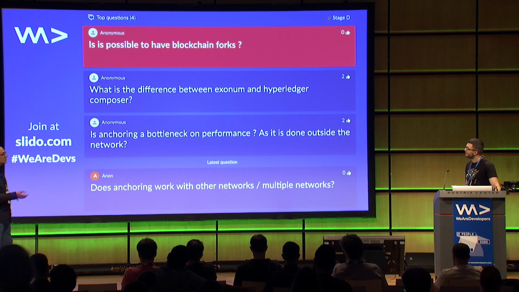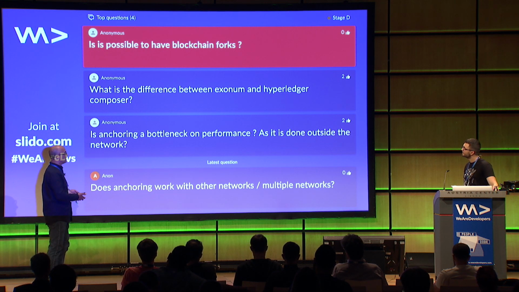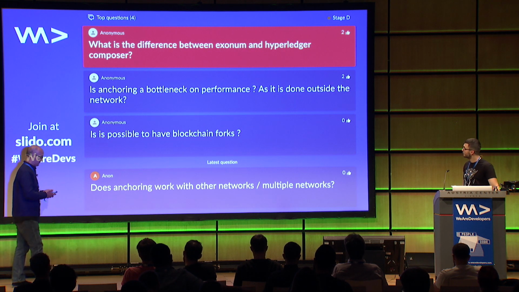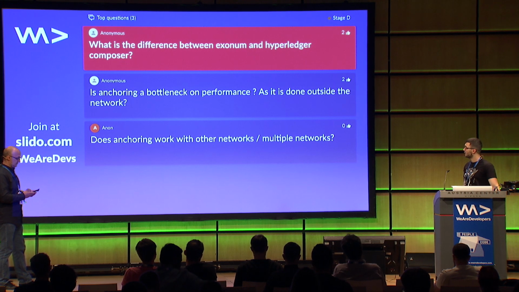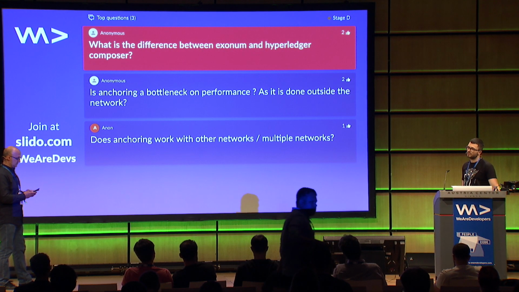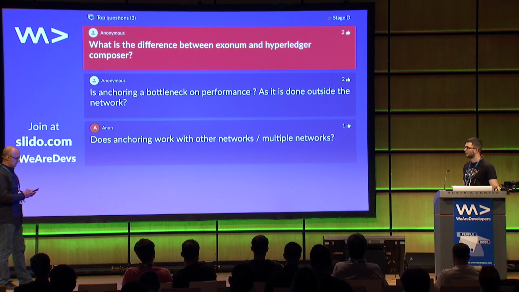Okay. So then a good question would be, actually, what is the difference between your service, Exonum, and Hyperledger Composer? Okay. As for Hyperledger, comparing, we are a little bit speedier. I know that Hyperledger also has enough speed of transaction processing, but we have 5,000. They have around 3 or 3.5, I guess.